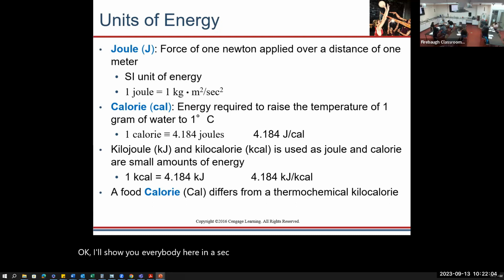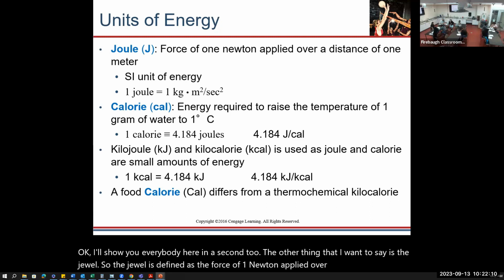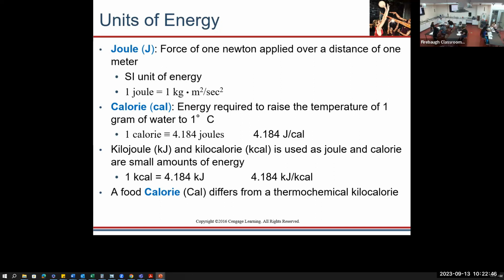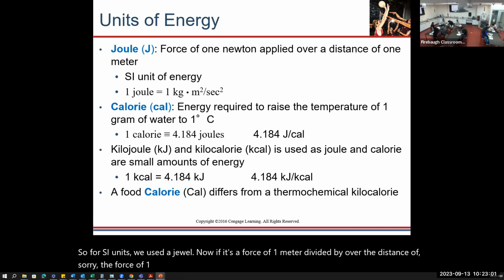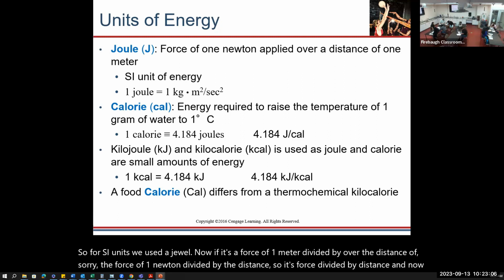The other thing that I want to say is the joule. So the joule is defined as the force of 1 Newton applied over a distance of 1 meter. So for SI units, we use the joule. It's force times distance, and that's going to be equal to energy.